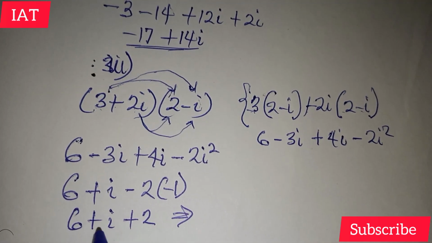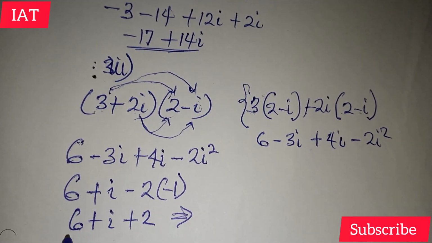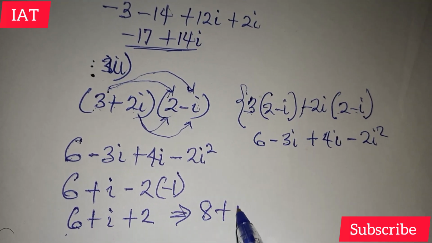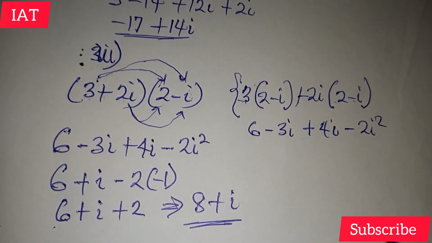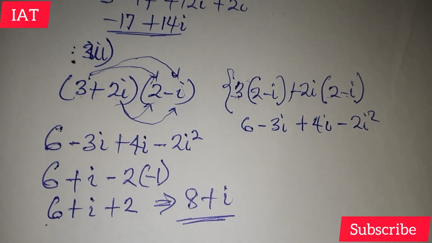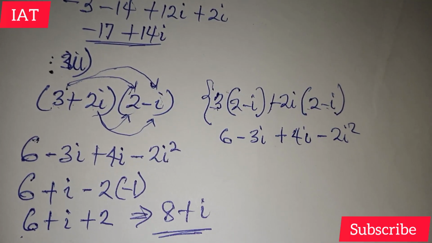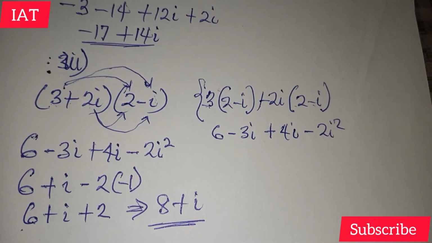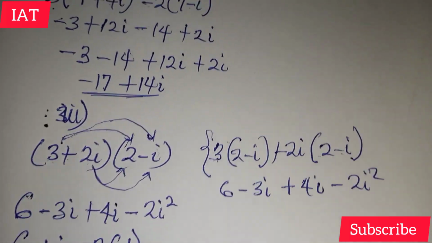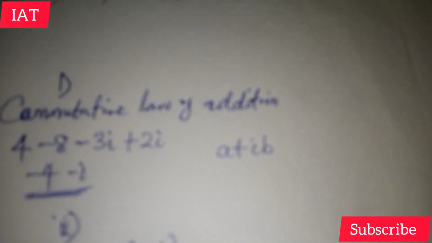Finally 2 will add up to 6 to give 8 plus i, and that is the result to this particular problem. And then let's see the other problems remaining. I think we just have 2 extra problems to round up this section.